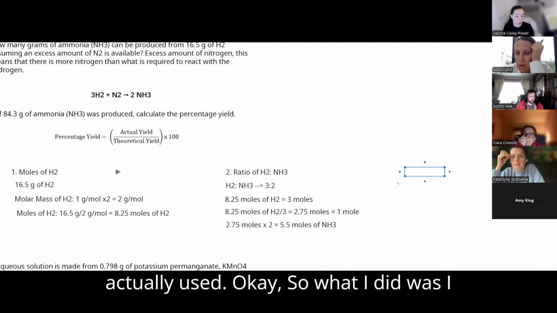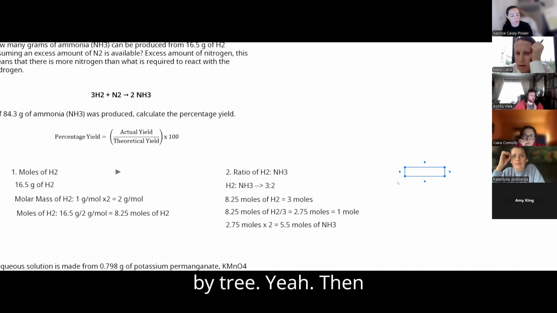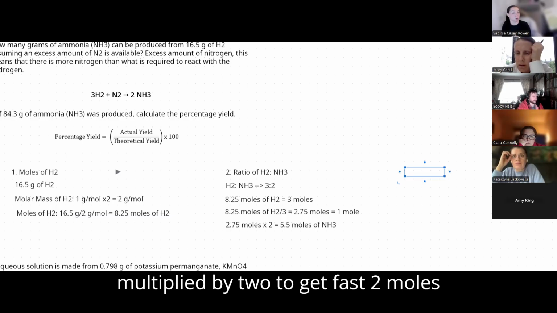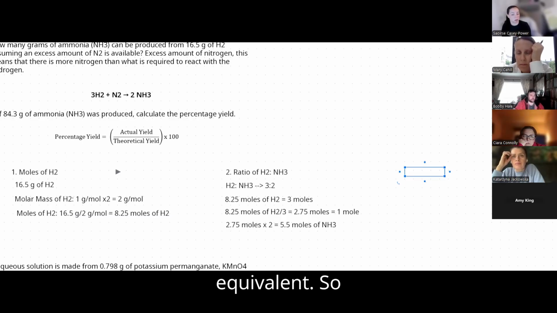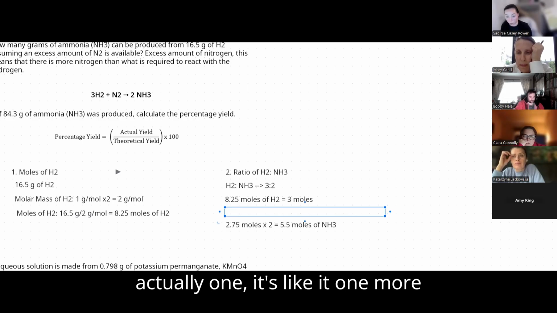So what I did was I took what I had, 8.25 moles, divided it by 3, then got the 1 mole equivalent, and then multiplied by 2 to get that 2 moles equivalent. So that's what I write there. It's not actually one, it's like if 1 mole was used.